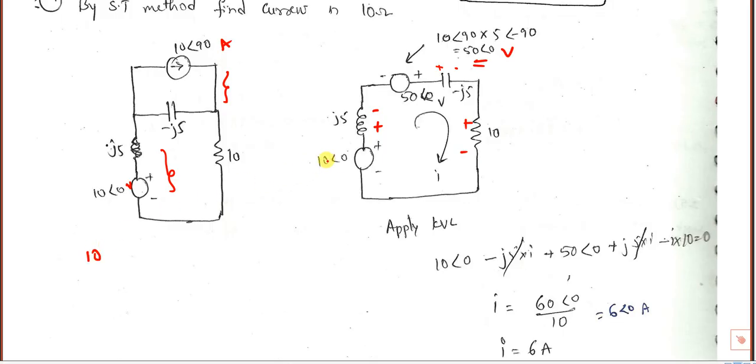So minus 10 angle 0 plus J5 I, minus 50 angle 0, minus J5 I, actually plus, but it's a capacitance so minus J5, into I plus 10 I is equal to 0. The J5 terms get cancelled.